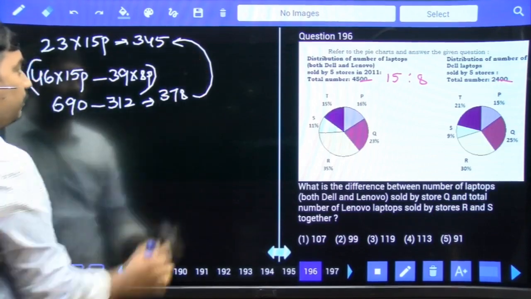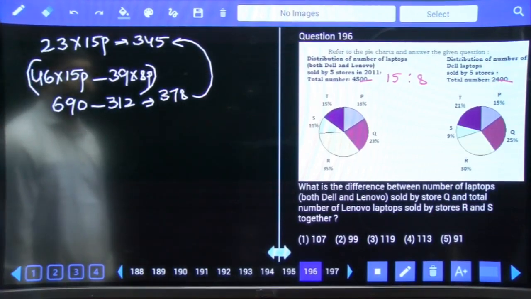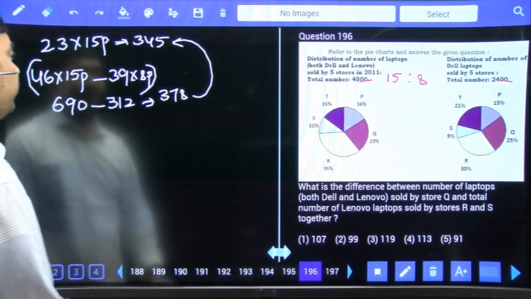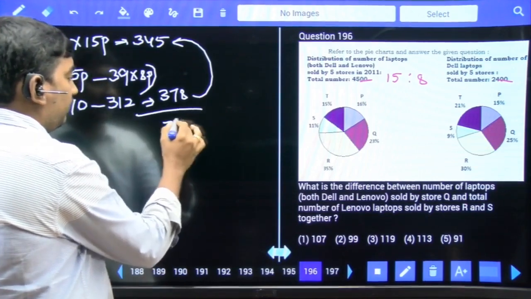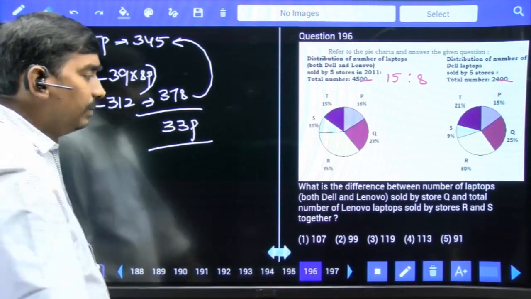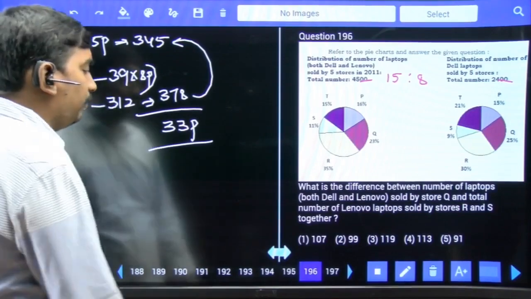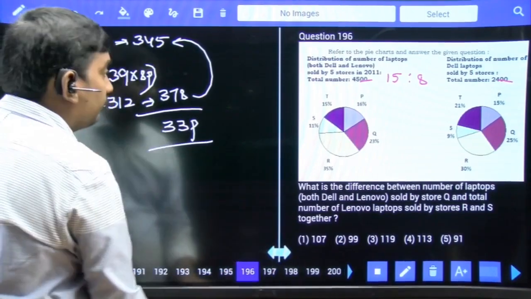So the difference is 378 minus 345, 33 parts is the difference. As you know, 1 part value 3, then 33 parts value 33 into 3 99 is your answer.